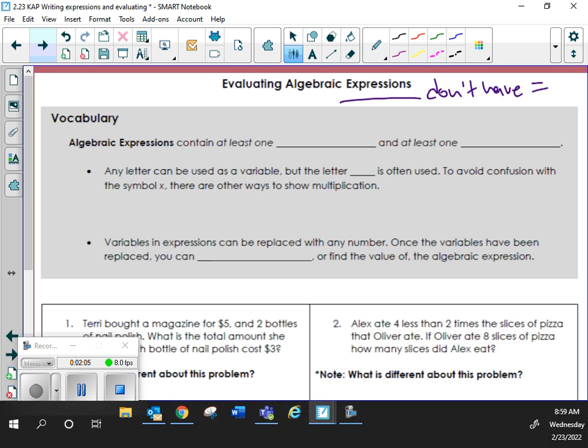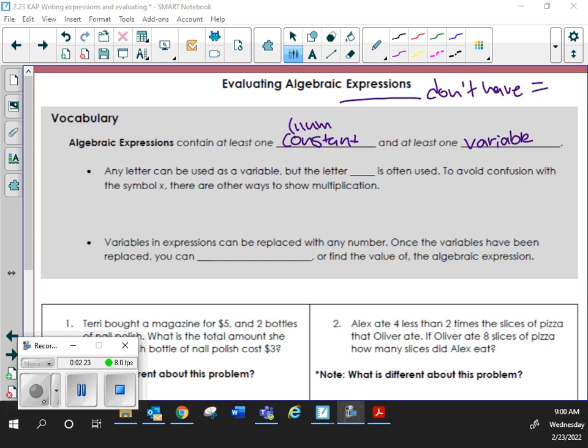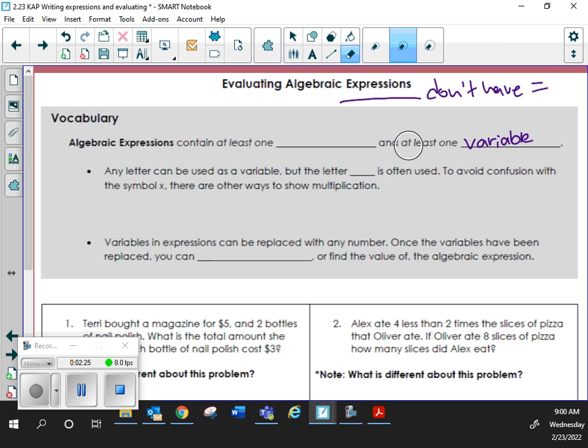Okay? An algebraic expression contains at least one constant and at least one variable. A constant, this just means a number. Actually, I don't like that. Okay, sorry, I'm going back on this. Changing those 2. Sorry, if you already wrote. I'm going to say that it contains at least one number. Oh, of course I wrote it. All right, here we go.